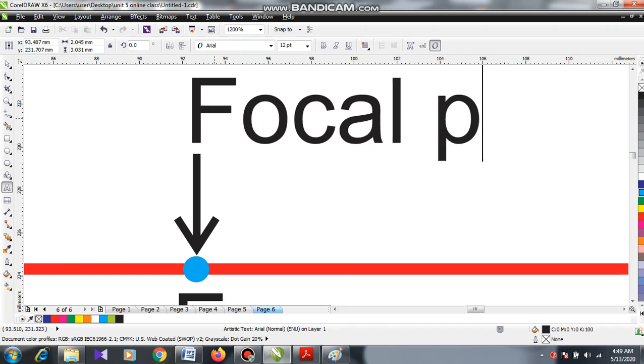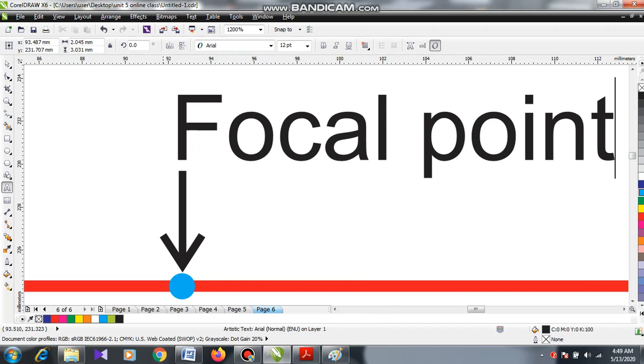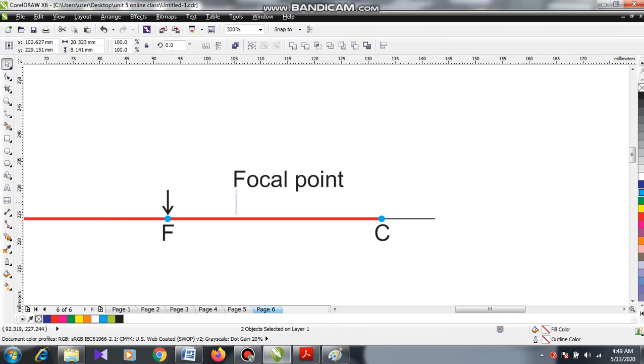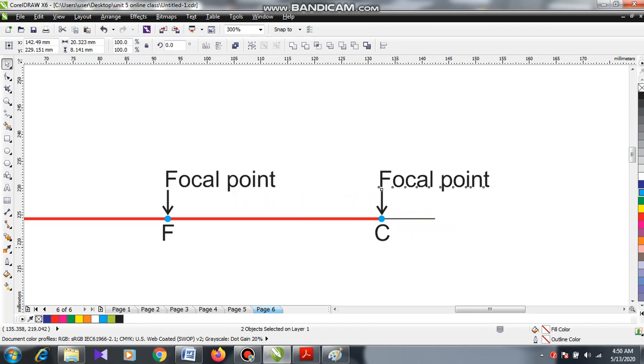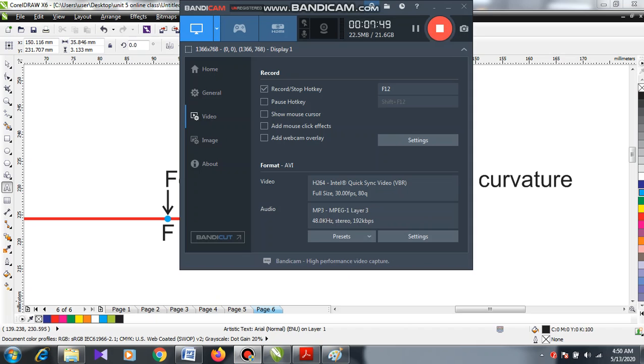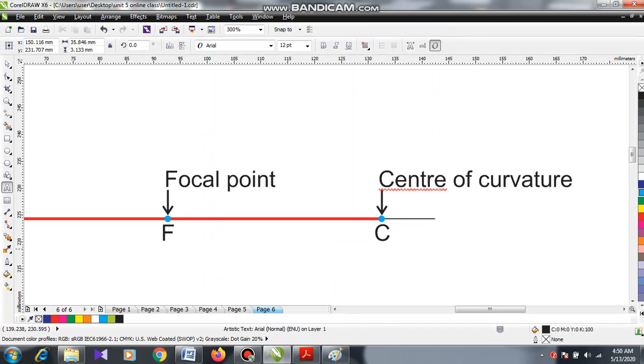Similarly, C stands for the center of curvature.